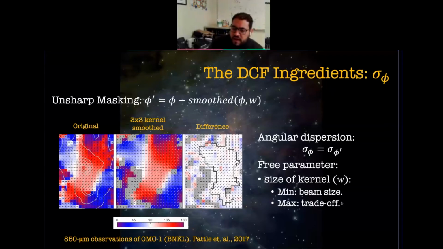true dispersion value from a toy model without being big enough that you blur the information too much because of this large structure that you have there.